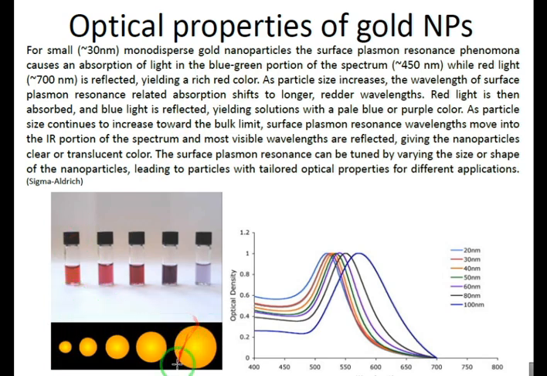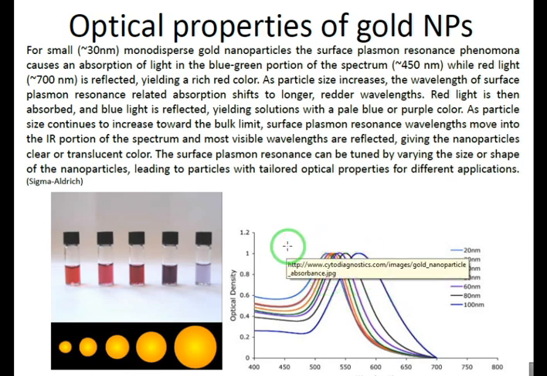As the size of the gold nanoparticles increases, you will see that the color will shift towards blue, and this is because the SPR effect is changing. So based on size, the wavelength that is absorbed by the gold nanoparticles is changing.